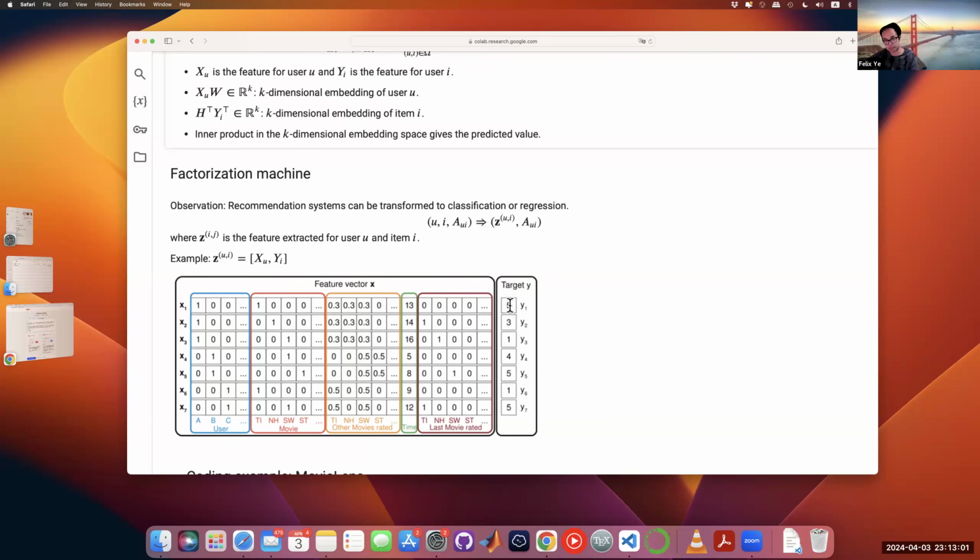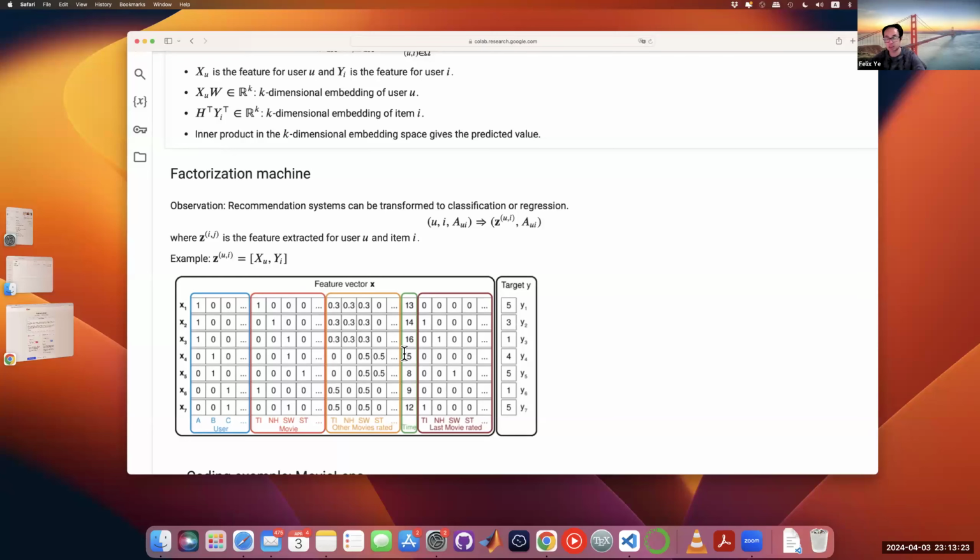Here, you just predict this to be 5. The target means that for the first movie and the first user, the rating is 5, and so on. You can do this all the time.